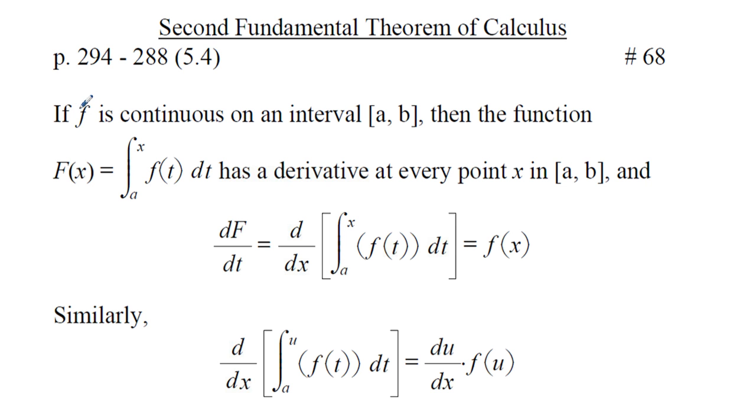If the function f is continuous on a closed interval from a to b, then the function big F of x equals the integral from a to x of little f of t dt has a derivative at every point x in the interval from a to b, and the derivative d/dx of the integral from a to x of f of t dt equals f of x.